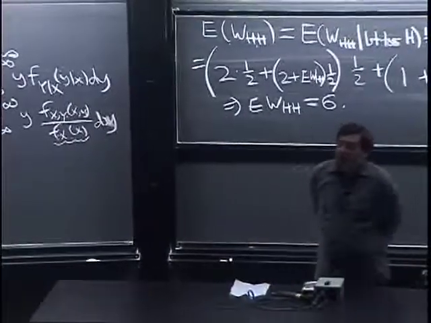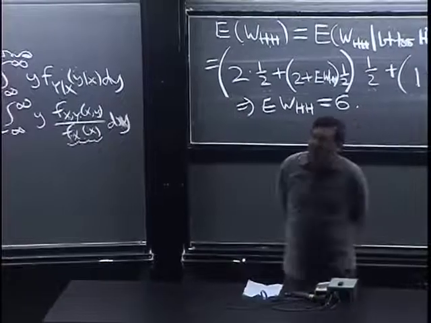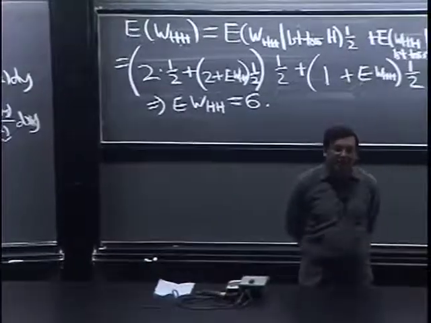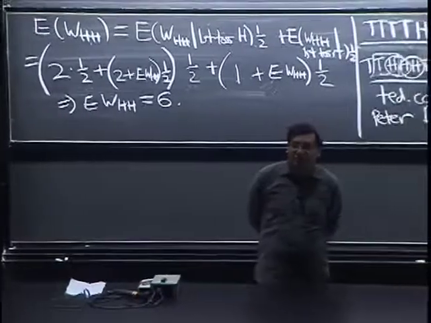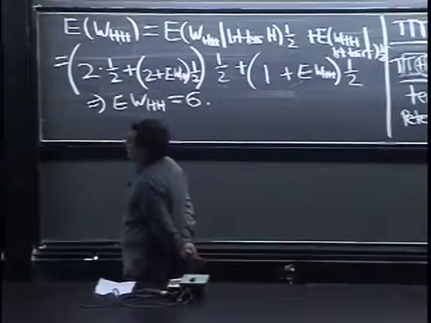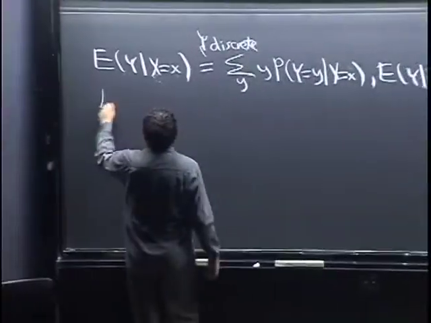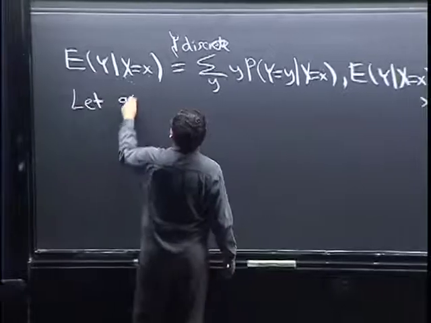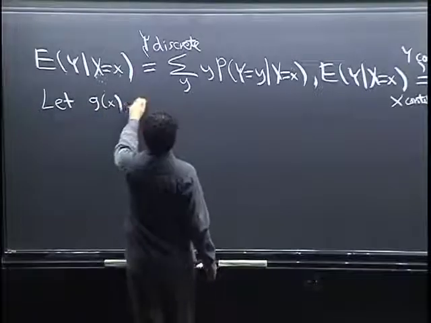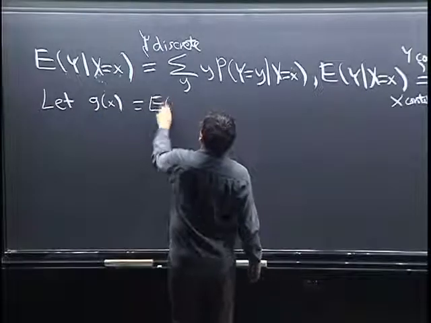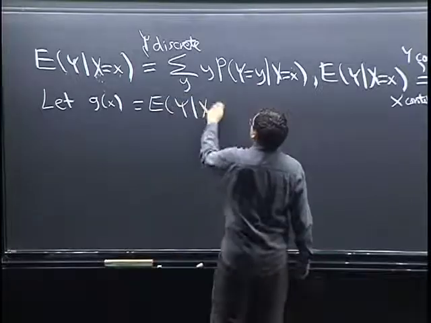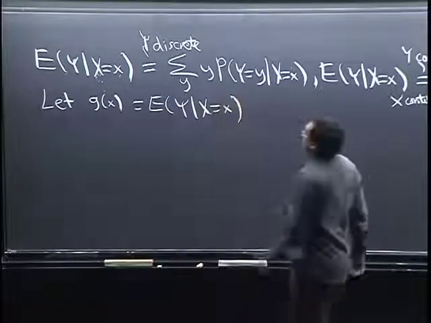So that's how you would compute things using a sum or an integral, but that doesn't yet say what properties this satisfies. Okay, so let's let this thing be g of x. That's g of lowercase x equals E of Y given big X equals little x.